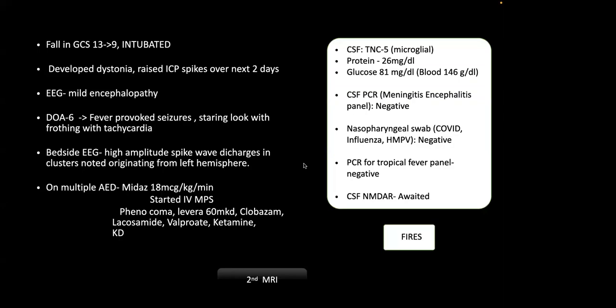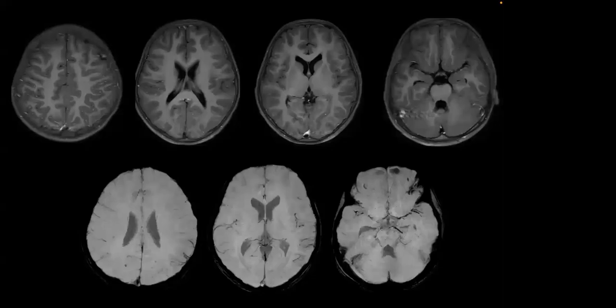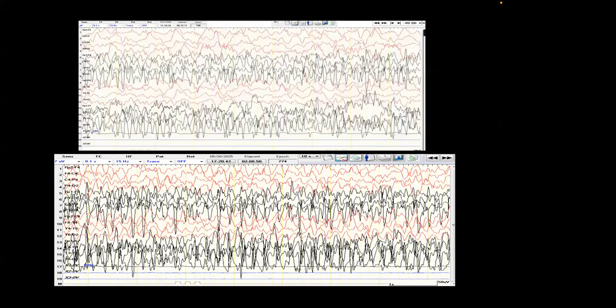It showed high amplitude spike and wave discharges in clusters, arising mainly from the left hemisphere, and it gradually progressed to the right hemisphere also. Currently, the child is on mechanical ventilation, having only electrical seizures and not responding to multiple anti-epileptics. And the second scan was also done.